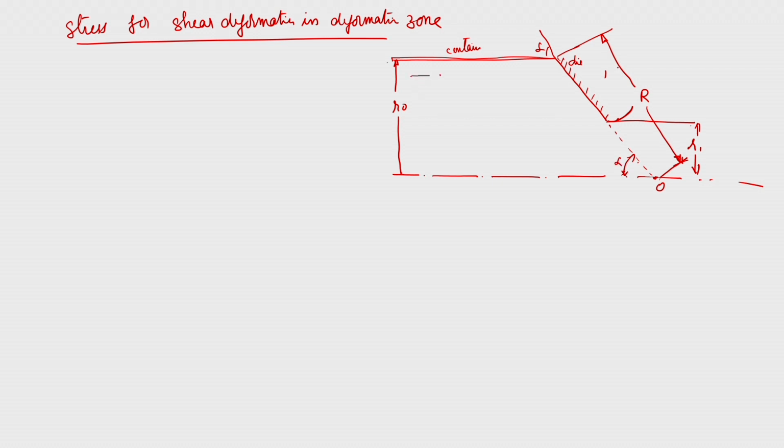When the metal is flowing in this direction and comes here somewhere, it will change its direction of flow, and we assume that it is flowing parallel to the die surface, the die workpiece interface. So, the material undergoes non-homogeneous shear deformation, shearing is taking place with the center as O, and for simplicity we assume this is the area. The moment it crosses this region, there is going to be a change in the direction. If it comes here, there is a change in the direction, and here also.